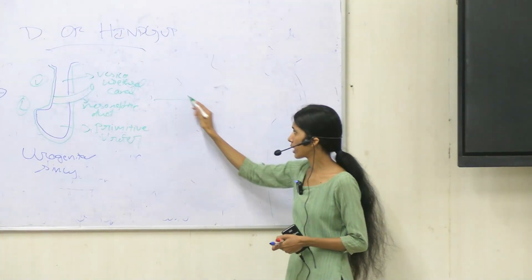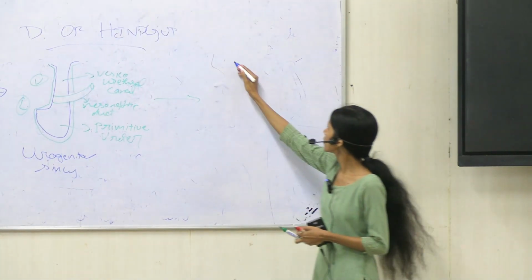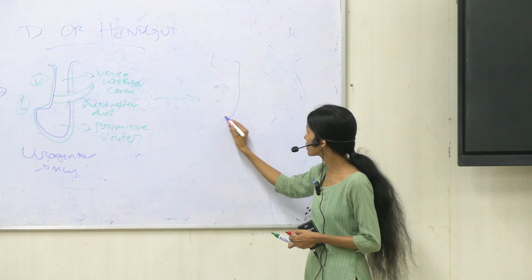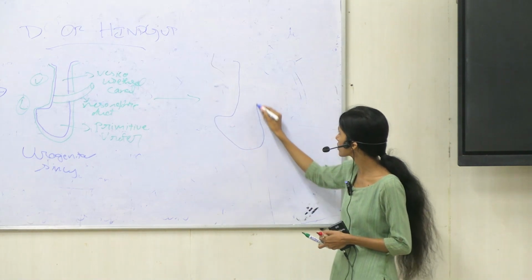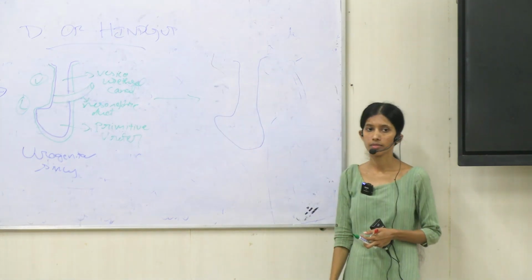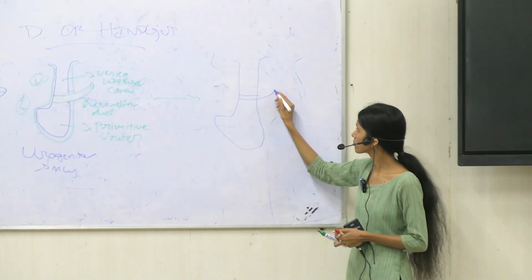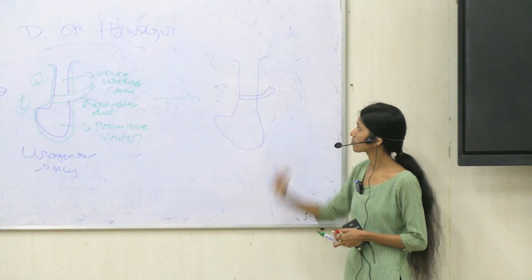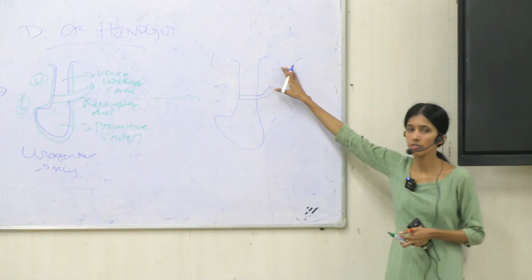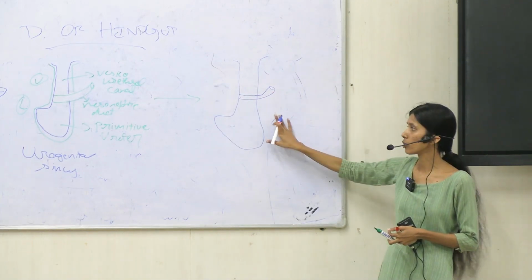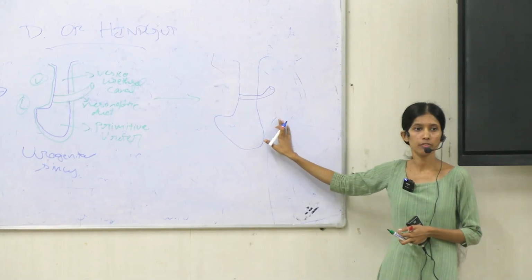As the development continues, your urogenital sinus starts showing these two parts. This is the vesico-urethral canal and the lower part is your primitive urethra.